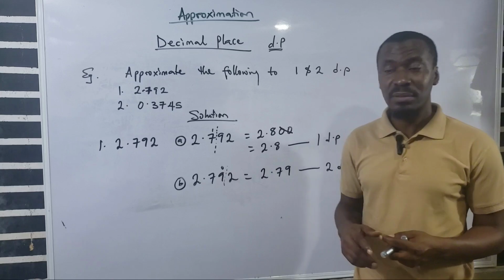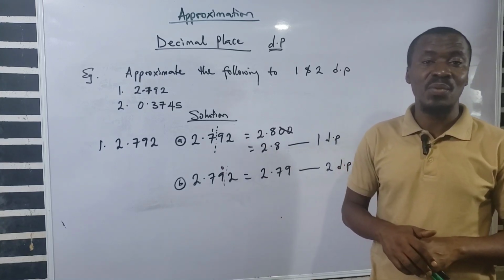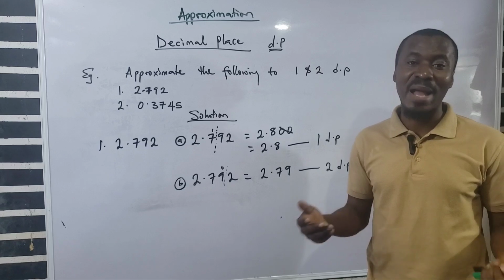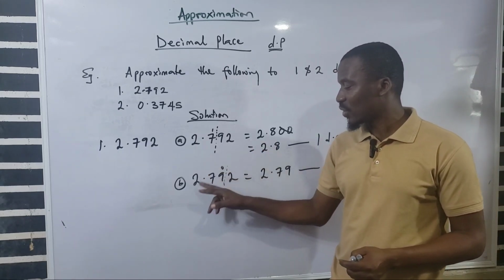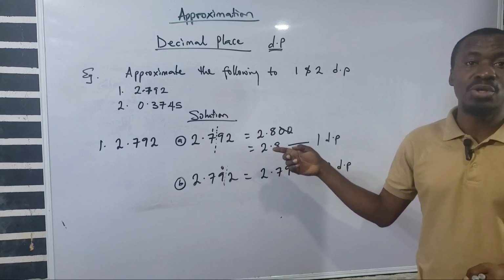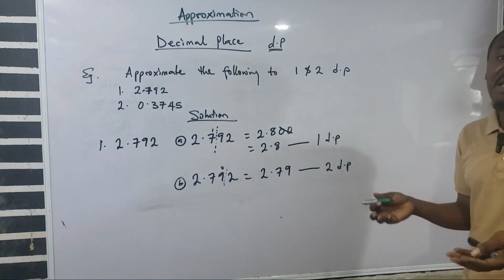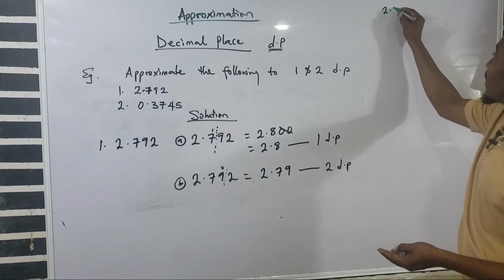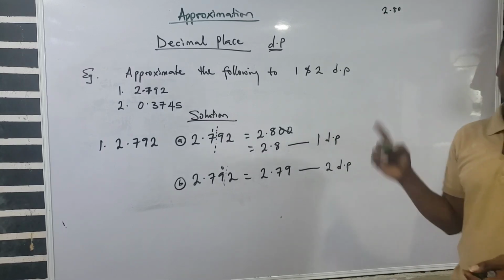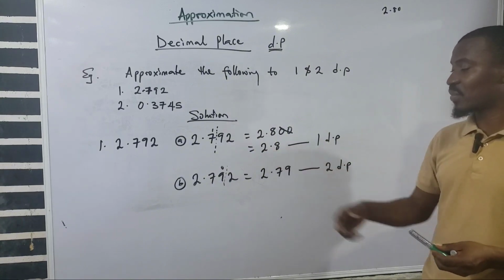You add your 1, what we have been doing. Unfortunately, 1 plus 9 will give us 10. So we can't write 10. So we write 0 and take the next one to this place, which will still give us the same thing, 2.8. The only thing we can do to signify that we actually did what you are asking is to write it like this, where the zero is not significant. So it's almost the same with this.